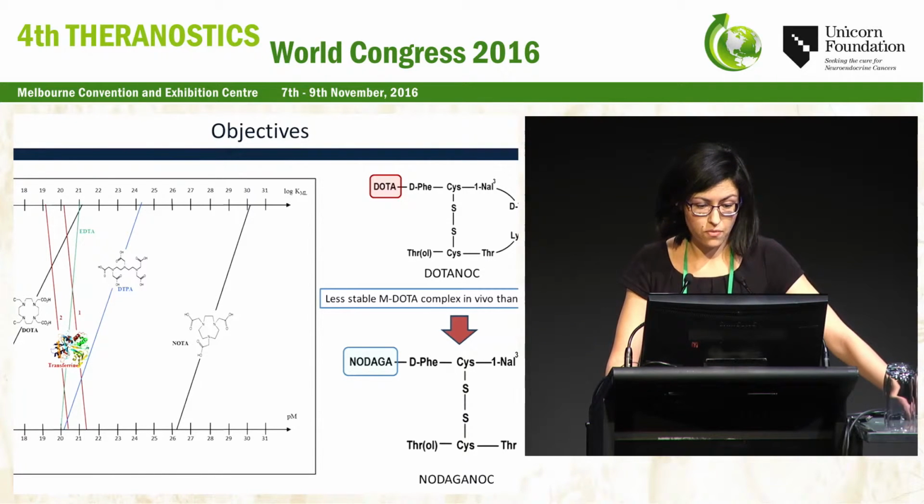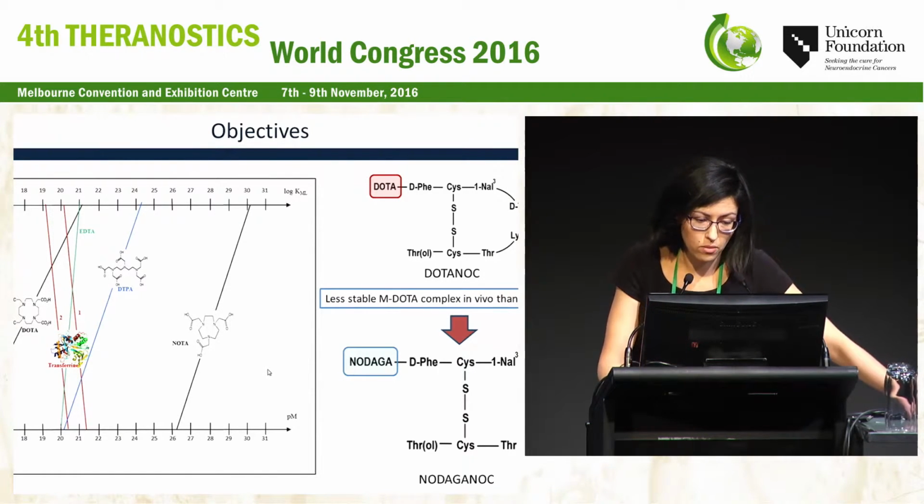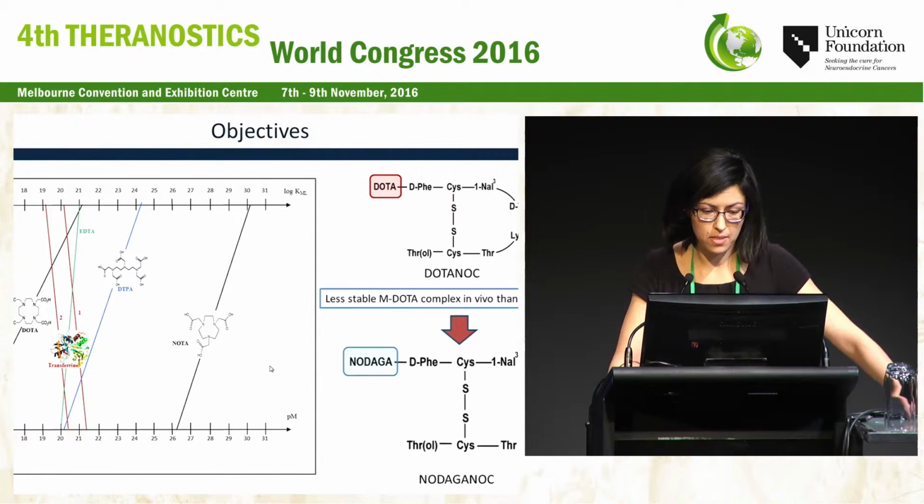As shown in this figure, the complex of gallium with NOTA is more stable than the complex with DOTA. But when NOTA is conjugated to a ligand, the formed gallium complex is only pentacoordinated, thus unstable.